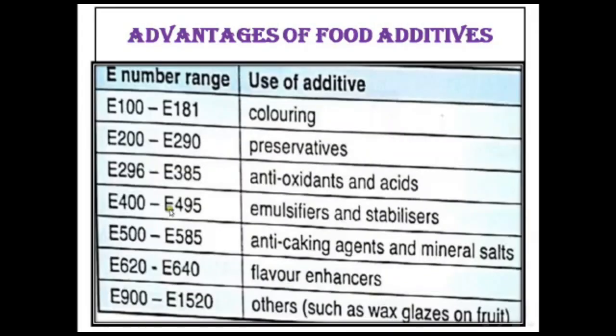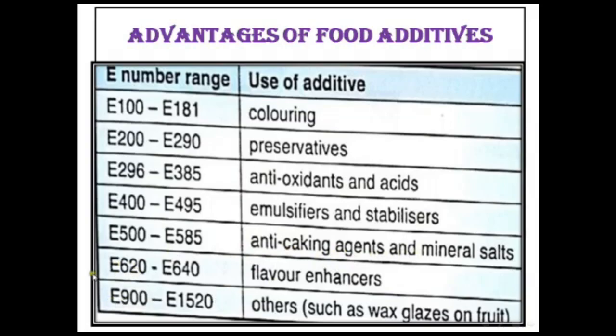So here are some E numbers that are given for different food additives. In this chart we can see that E100 to E181 is for coloring, E200 to E290 is for preservatives, E296 to E385 is for antioxidants and acids, E400 to E495 is for emulsifiers and stabilizers, E500 to E585 is for anti-caking agents and mineral salts.